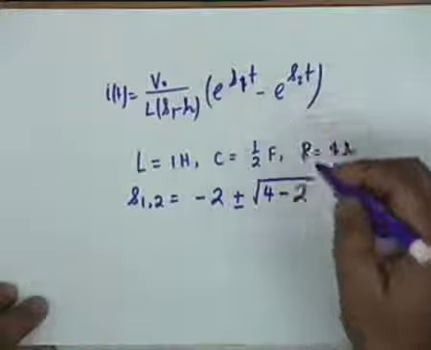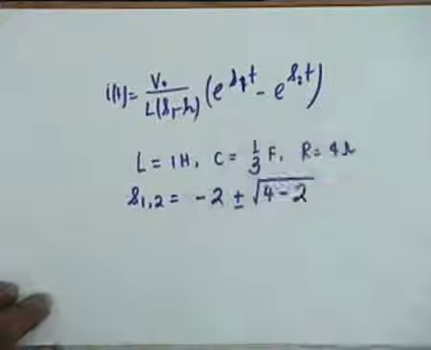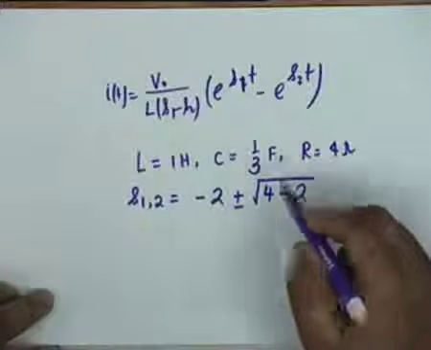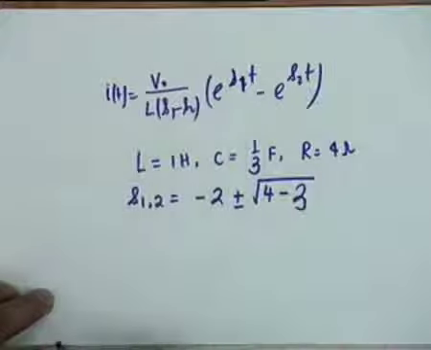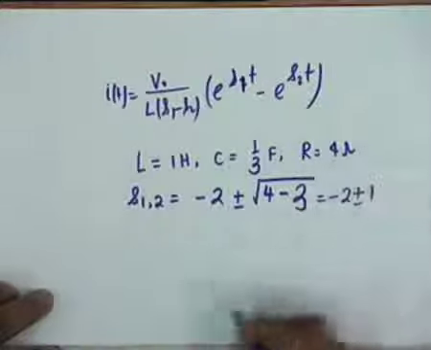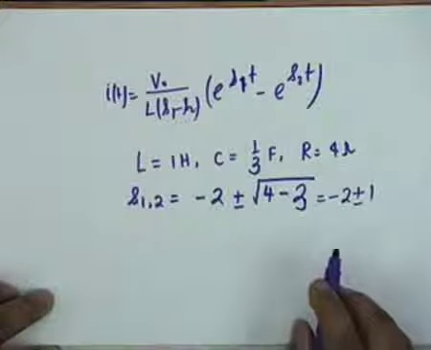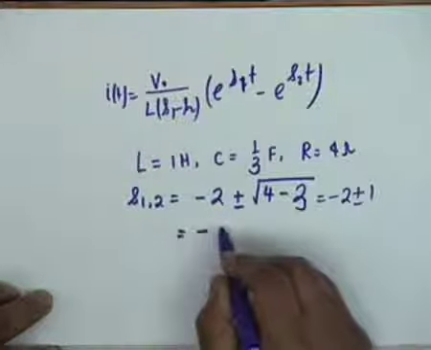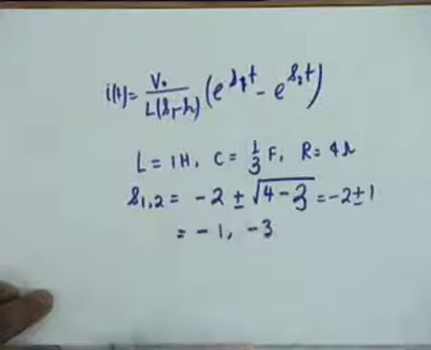Let us take C as 1/3 farad. I want to keep life simple. Then this will be 4 minus 3, which means it is minus 2 plus minus 1. The roots are real, distinct and negative. So the roots are minus 1 and minus 3.